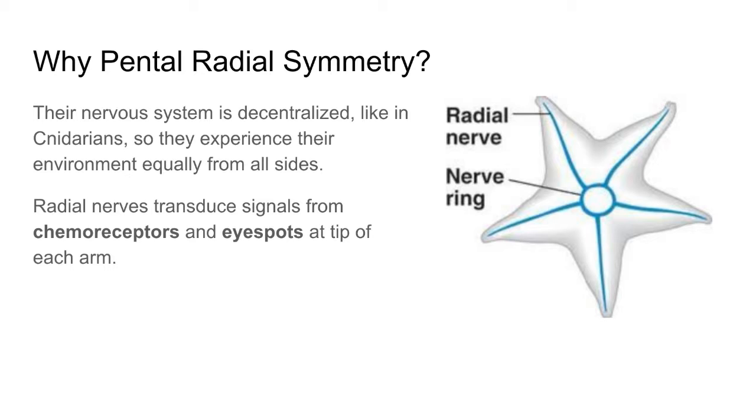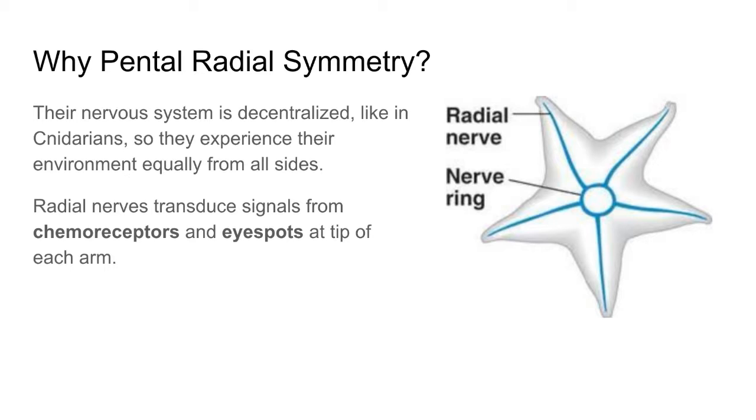But in the case of echinoderms, because they don't have this, they have each radial nerve for each one of its 5 arms and a nerve ring. They are essentially experiencing the world equally from all sides. And while we don't see exactly radial symmetry like we see with other organisms, like the cnidarians, we do see pentaradial symmetry as a consequence.